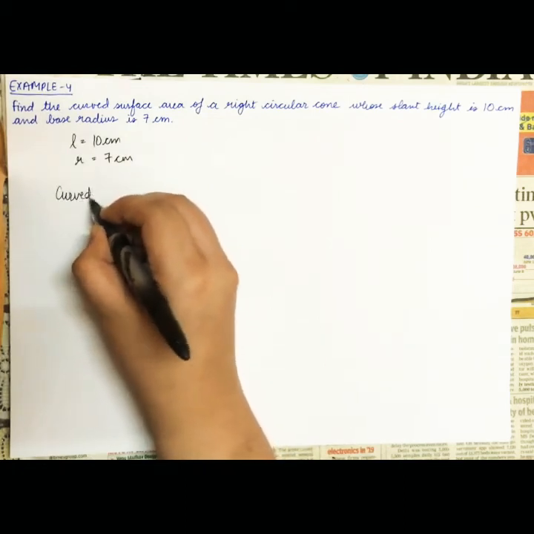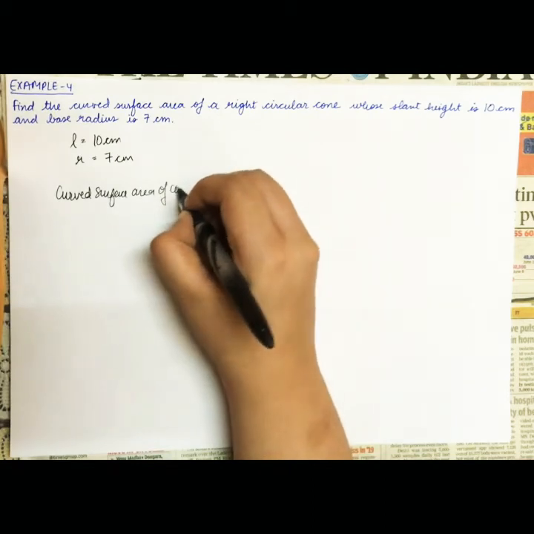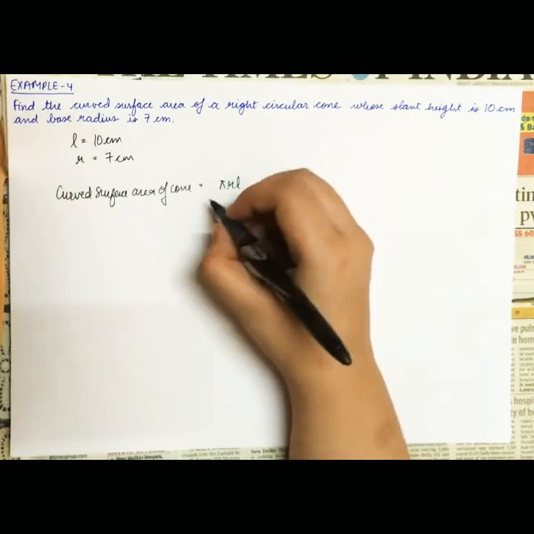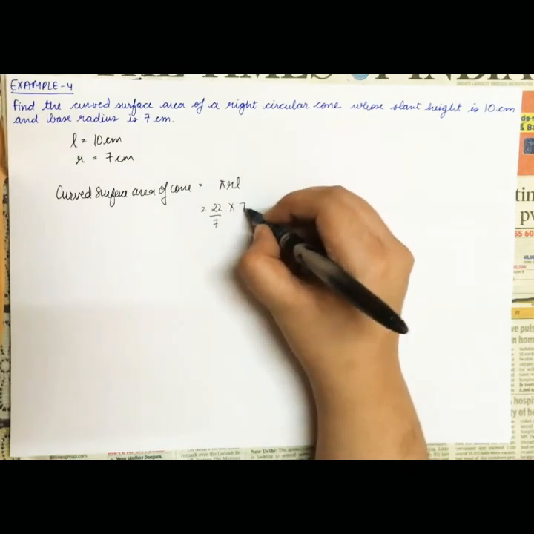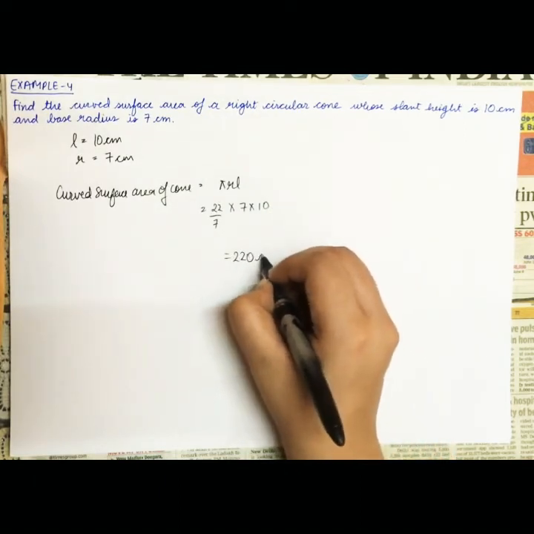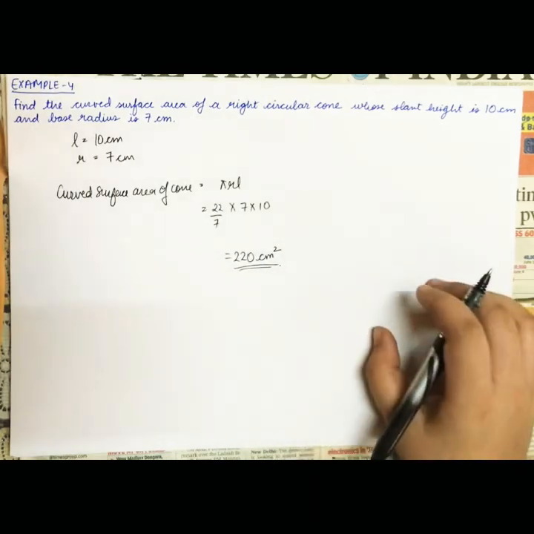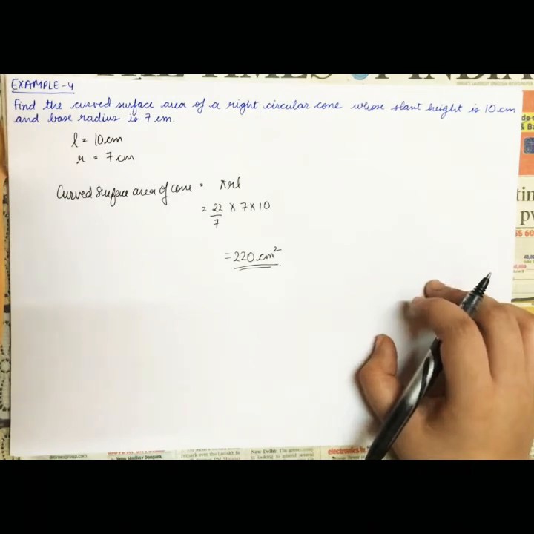So curved surface area of cone is equal to pi r L. So we'll put the values 22 by 7 into 7 into 10, which is equal to 220 centimeter square. Therefore, the curved surface area of the right circular cone is 220 centimeter square.